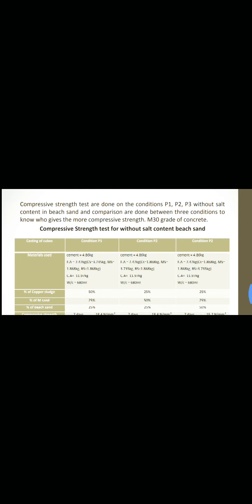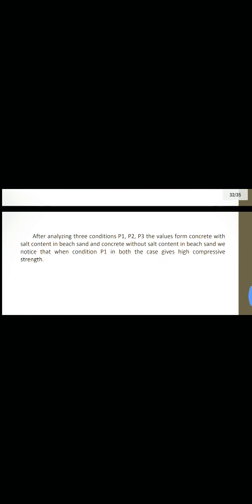Copper slag is mainly obtained from dry waste. While collecting copper, the residue that sticks to the copper ore is called copper slag. And the strength decreased slightly without salt content for beach sand.